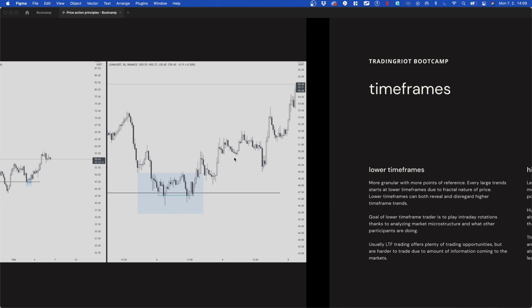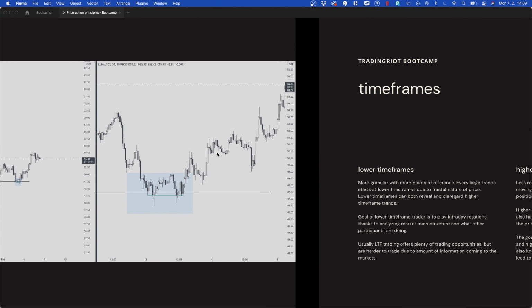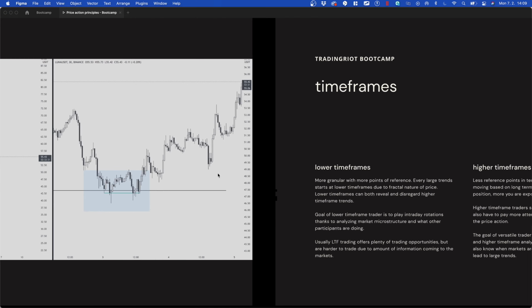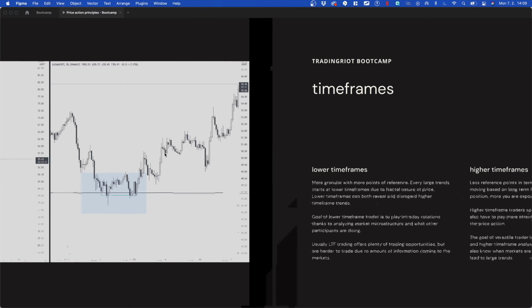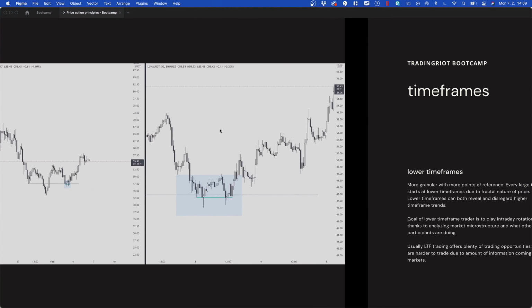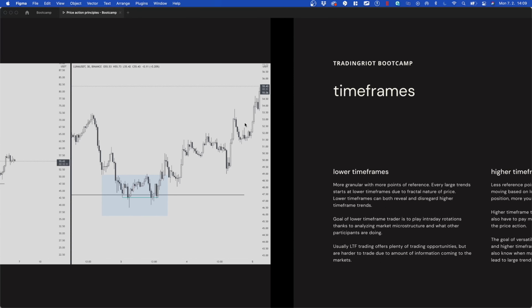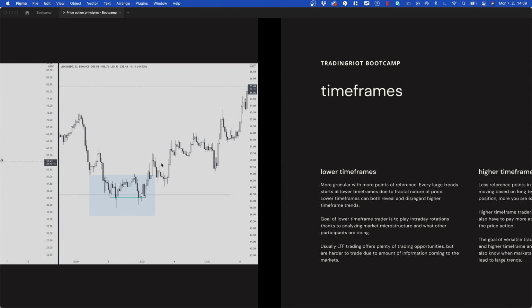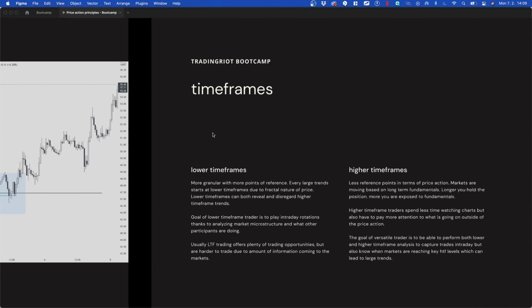Using the very simple teachings of market structure, the higher highs and higher lows, a break of structure will happen 10 times on a 5-minute chart during the day, but this doesn't mean that the whole trend will change 10 times during the whole day.